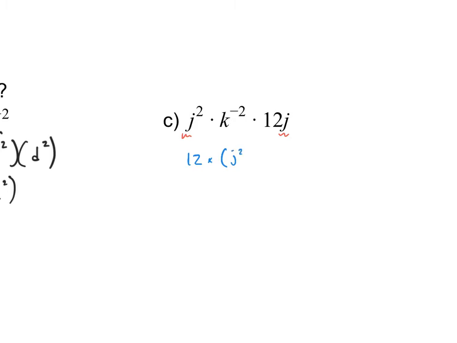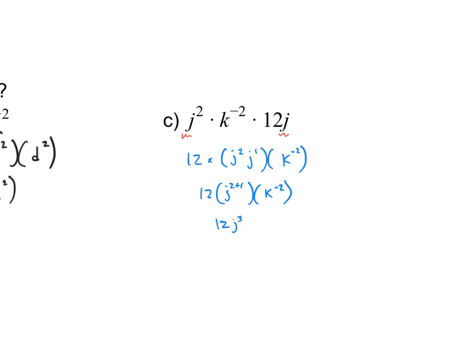J to the 2nd and j to the 1st, and I also have k to the -2nd. That simplifies down to 12 times j to the 2 plus 1, and then k to the -2. So we have 12j to the 3rd.